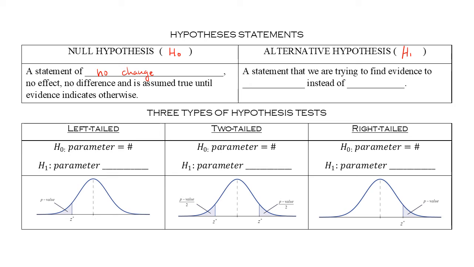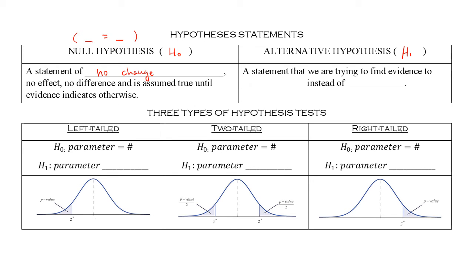So it's a statement of no effect or no difference, and it is assumed true until evidence indicates otherwise. Our null hypothesis will always be stated with some parameter equal to some number, so it always involves an equals sign.